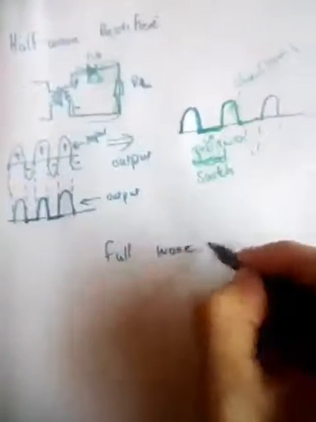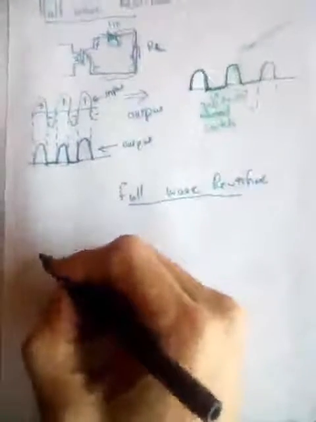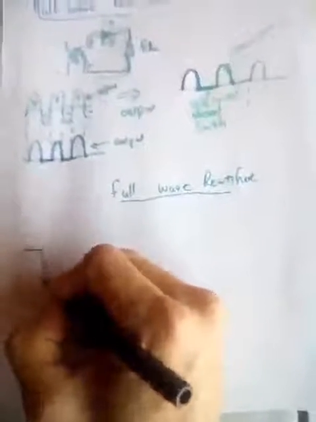Half wave rectifier. Then we go on to the full wave rectifier. Now what's the purpose of a full wave rectifier? The full wave rectifier makes use of two diodes. In the book it will be referred to as the full wave center tap. The full wave center tap looks like that.